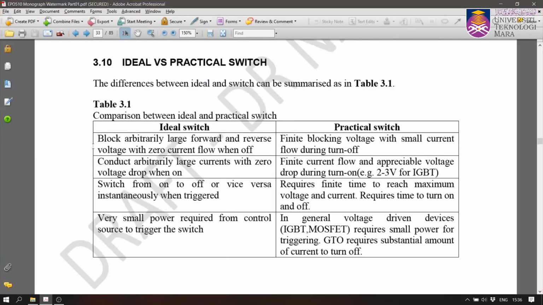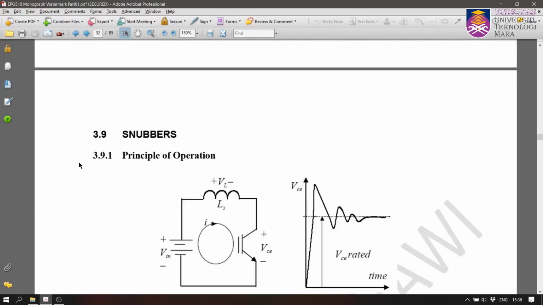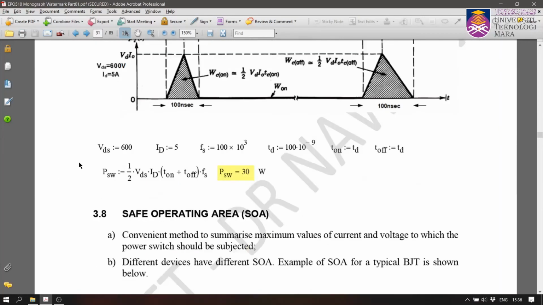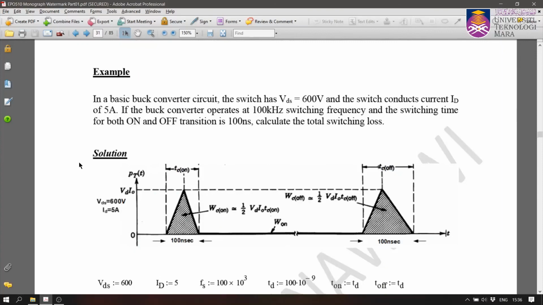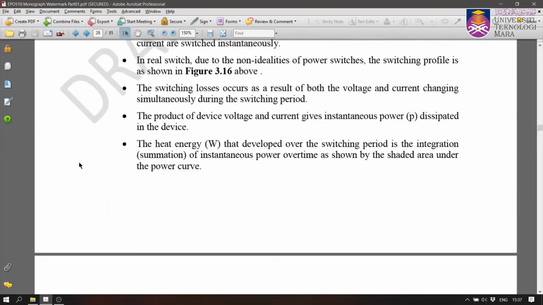You can start to understand and memorize these things. There's a small calculation part in this chapter, only involving this basic power loss and probably calculation of the current. Okay, thank you very much.